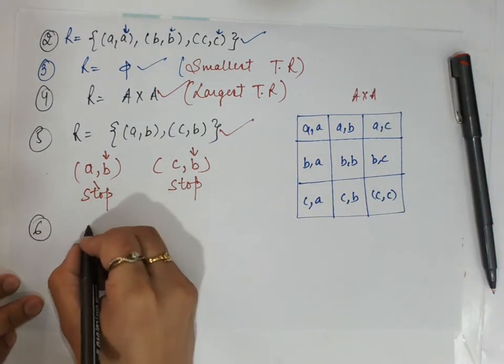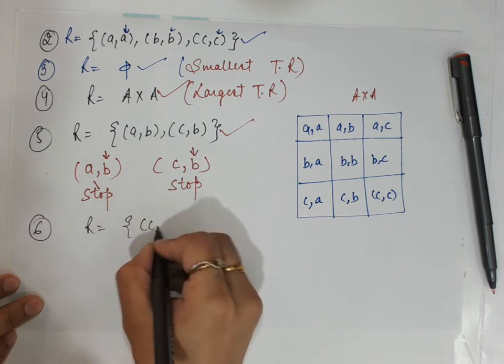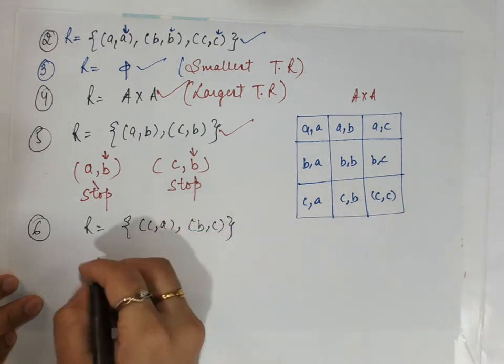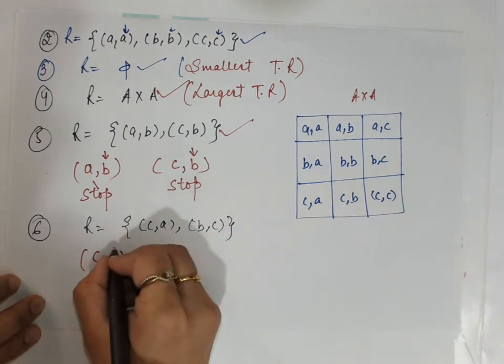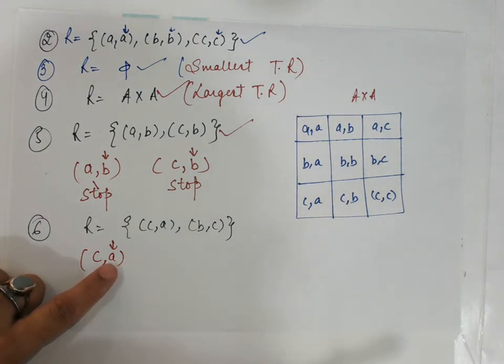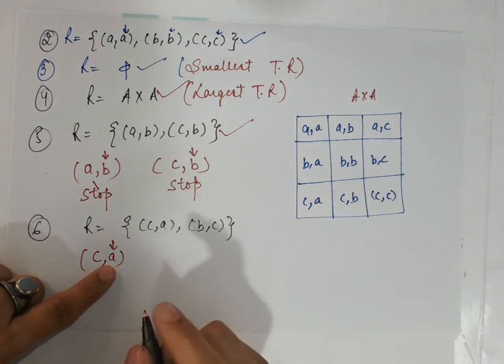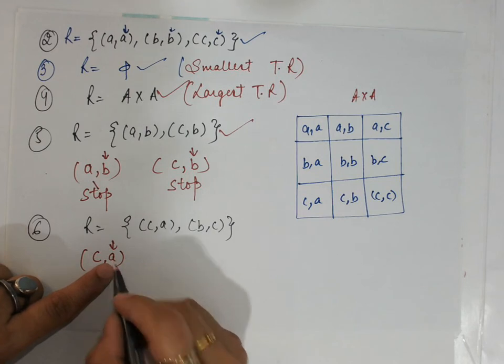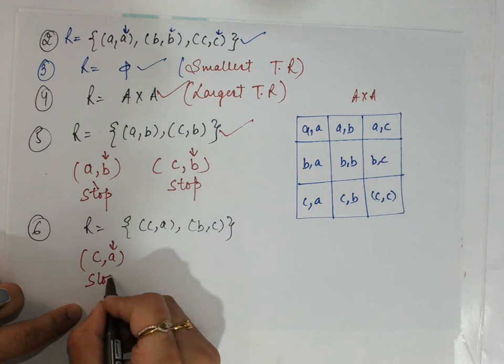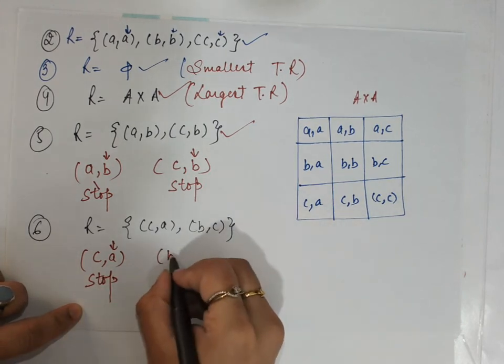Last is CA and BC. In CA, A is the second element of this ordered pair. Now I have to check, is A the first element of any other ordered pair? No. Then I have to stop here. Now I will check BC.